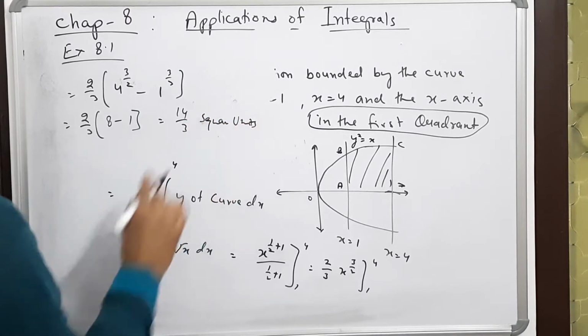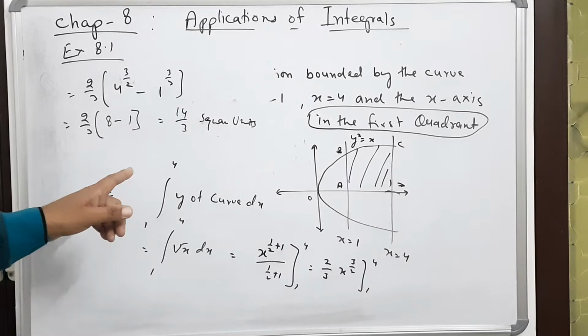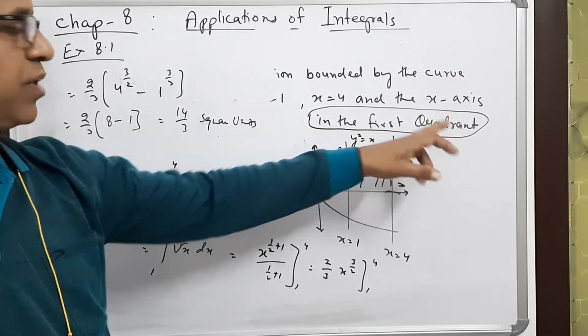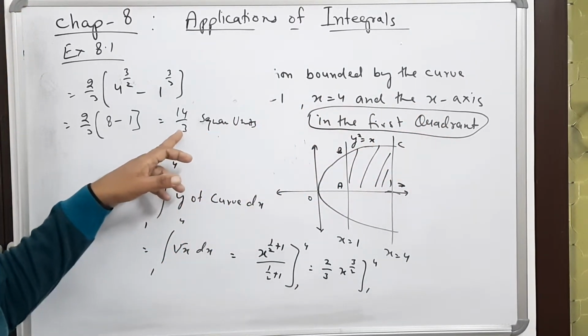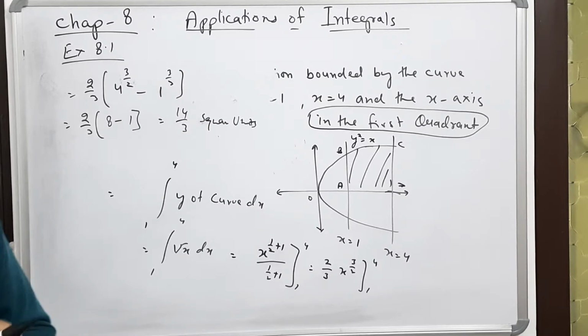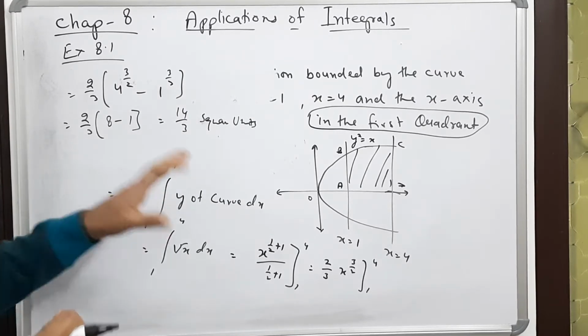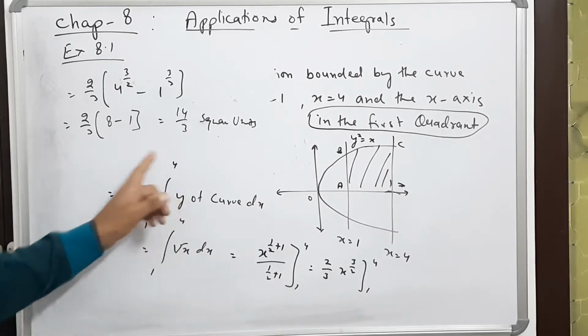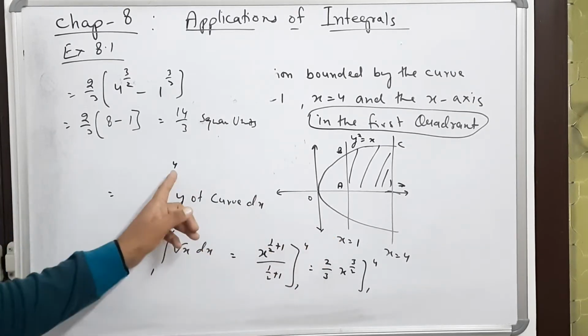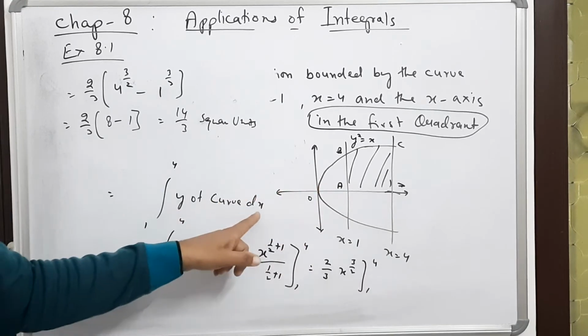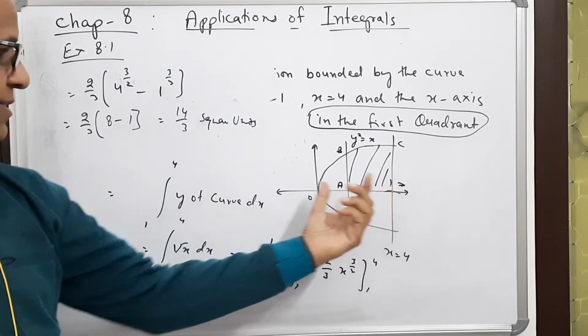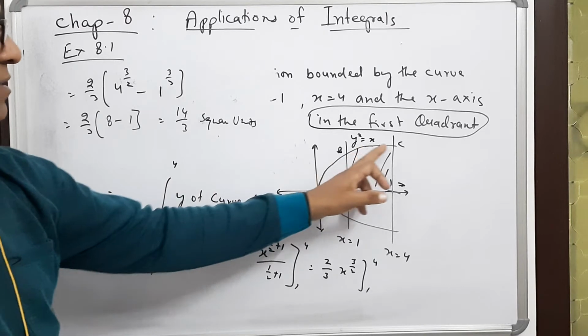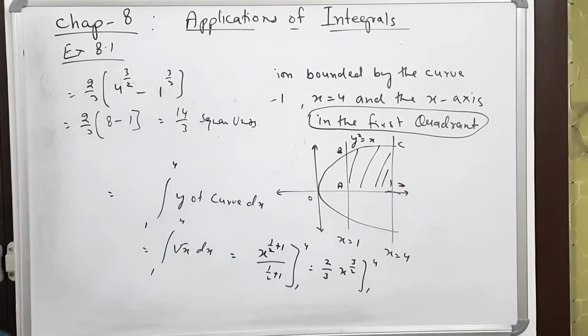Square units. The answer is 14/3. And if it is not written in the first quadrant, then multiply this by 2, so the answer will be 28/3. That is the important part which I want to tell you. See this one: this is the lower limit, this is the upper limit, this dx represents the x-axis, and y of the curve means this curve. Y means f(x) of the curve.